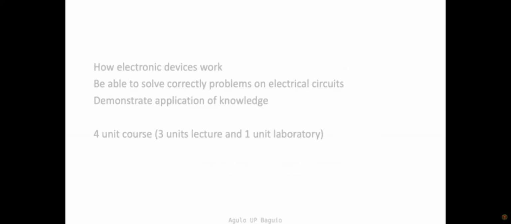My name is Ian Jasper Agulo, and I will be your instructor for this course. After completing this course, you should be able to discuss the fundamental processes pertaining to how electronic devices work, display knowledge in solving electrical circuits correctly that utilize these electronic devices, and demonstrate the application of the newly acquired knowledge in electronic physics by designing and building basic electronic circuits.